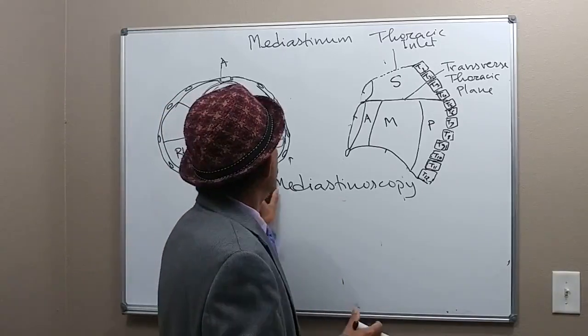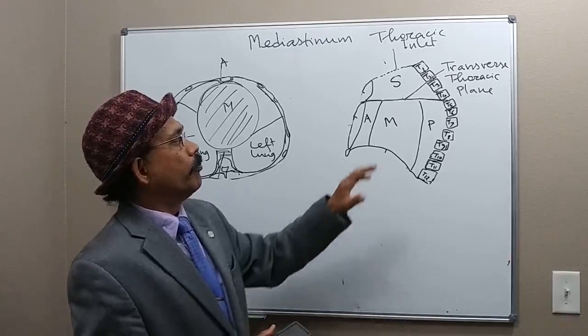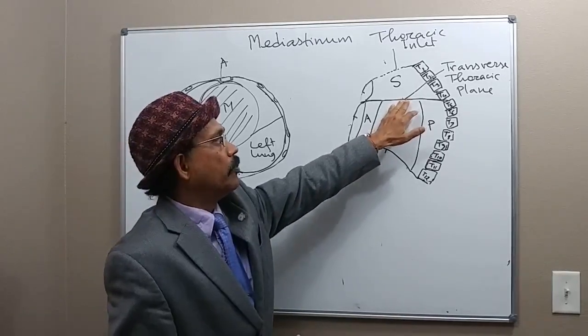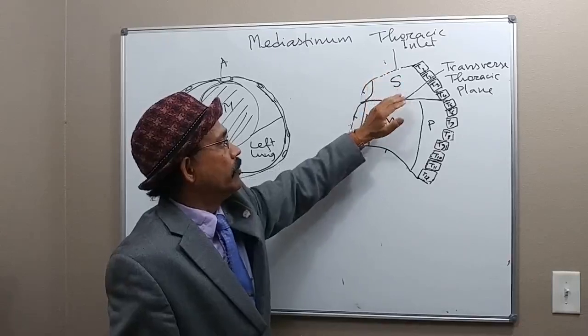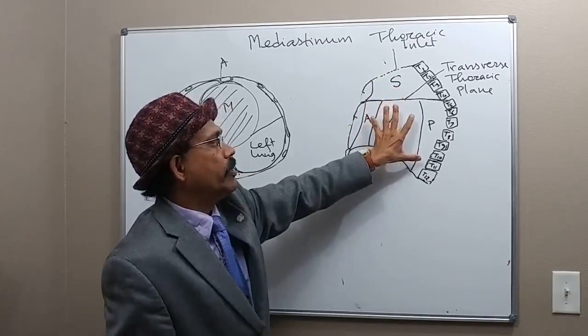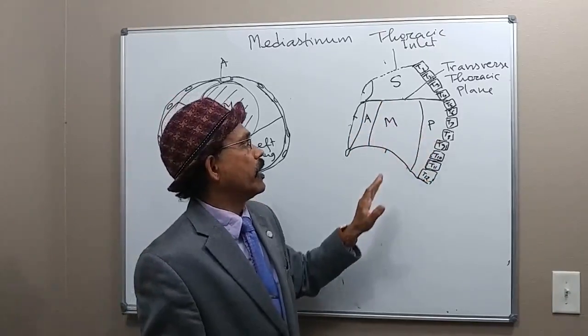So again we have to go to the boundary, the superior transverse plane. It is a very important plane, and this plane differentiates the superior mediastinum from the inferior mediastinum. The inferior mediastinum has three parts: anterior, middle, and posterior mediastinum.